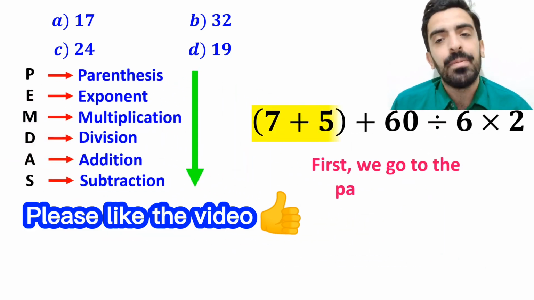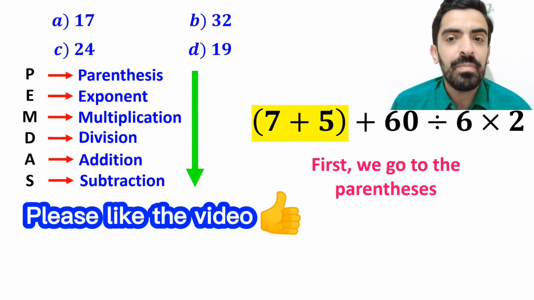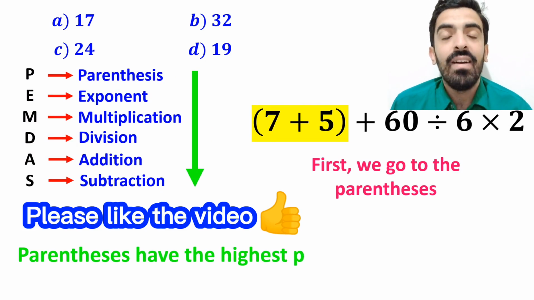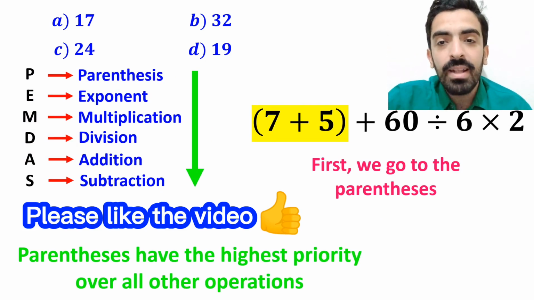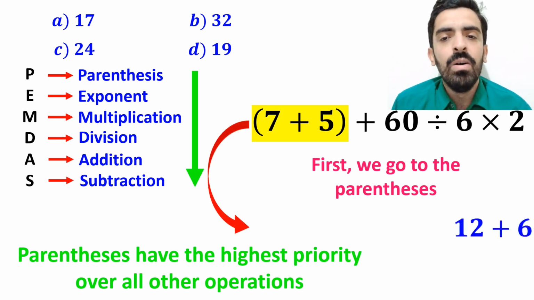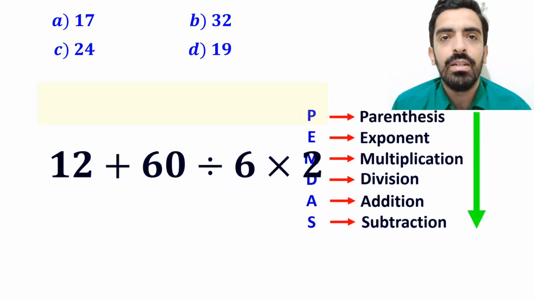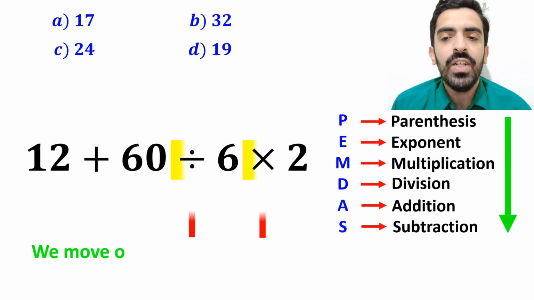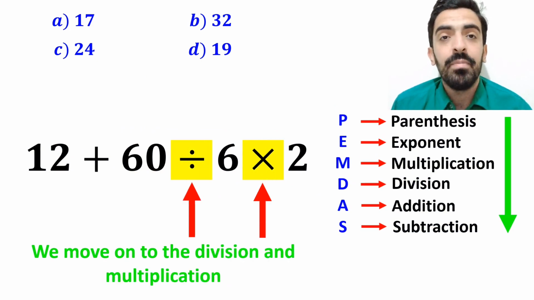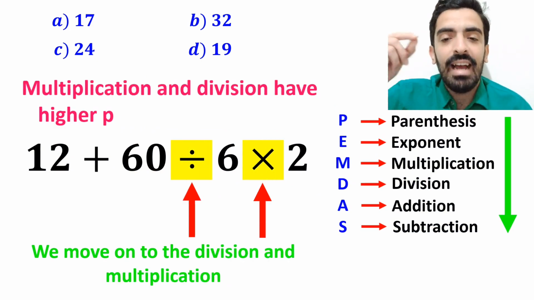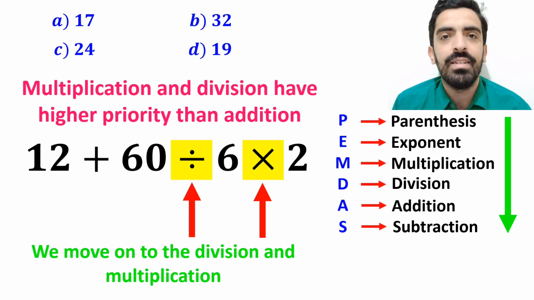Okay, first we go to the parentheses because according to the PEMDAS rule, parentheses have the highest priority over all other operations. So, we can write this expression as 12 plus 60 divided by 6 multiplied by 2. In the next step, we move on to the division and multiplication because multiplication and division have higher priority than addition.